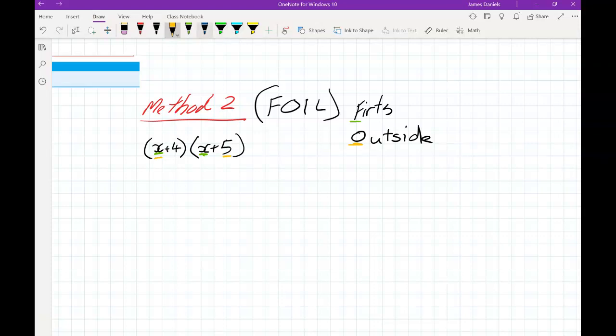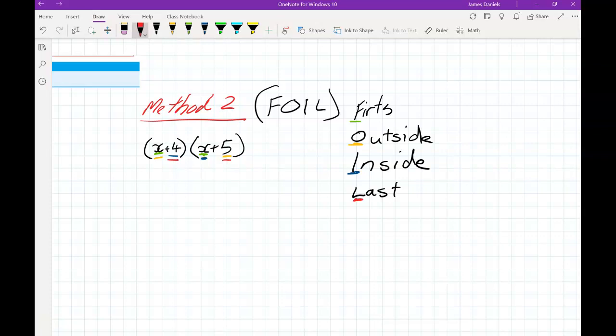The I stands for inside. So the inside terms would multiply together. They're inside. And finally, L stands for last. So the last two terms in both brackets get multiplied together. Last term and last term.